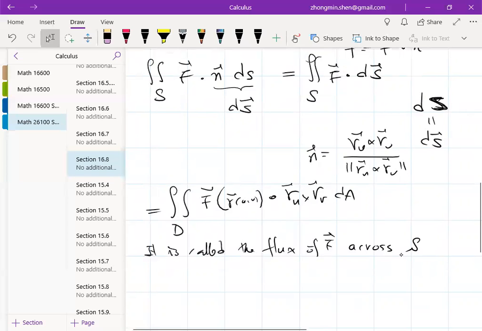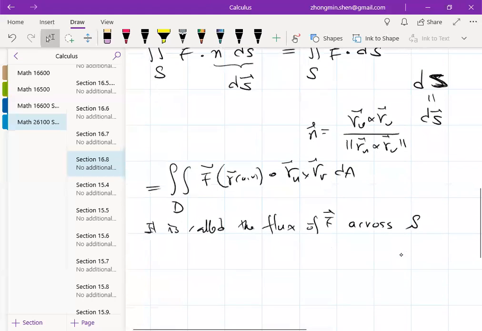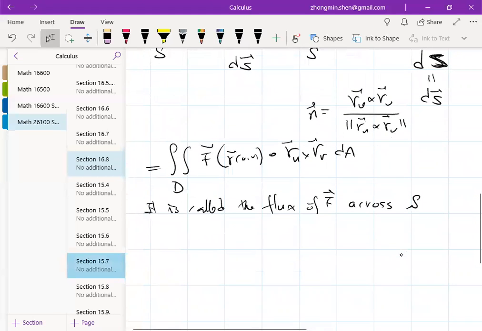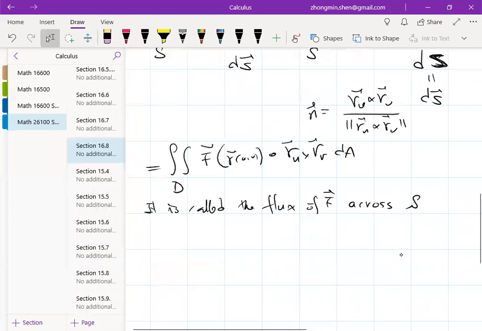So take a look at the example. I'm going to take a look at the following example.